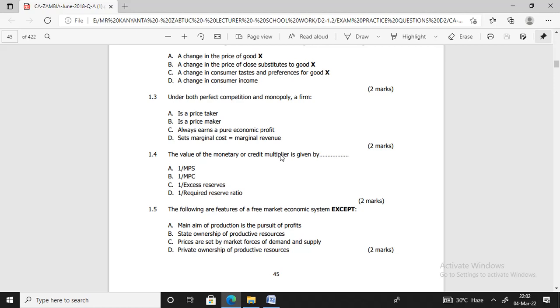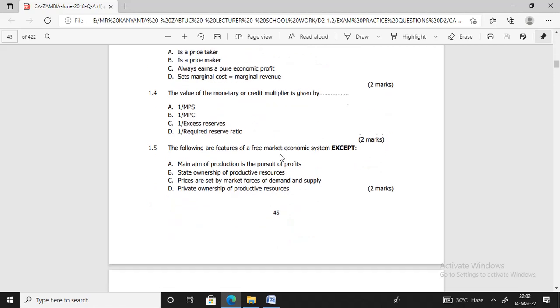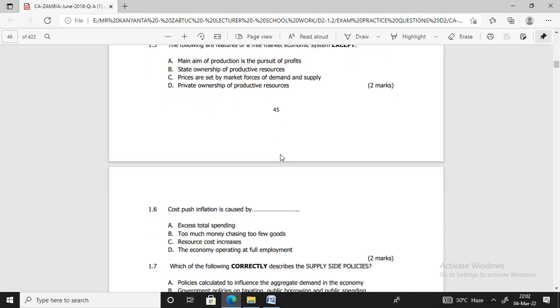The private sector is in ownership of the economy's resources and makes those economic decisions. In a command economic system, that's where you have state ownership of the resources and the state or government makes economic decisions. So the correct option for 1.5 is option B.